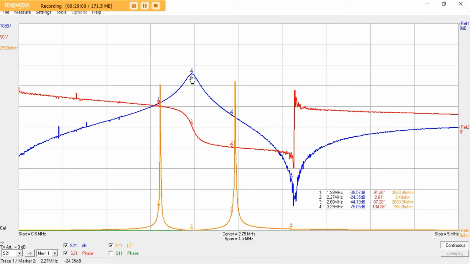Put that back at the top. 2.27. That was where we started when I changed the probe at the top end back to being on the plastic. A nice sharp parallel mode here as well. Marker's not quite lining up. That was because of the shift of probe that I made. I will just put them approximately in the right position.